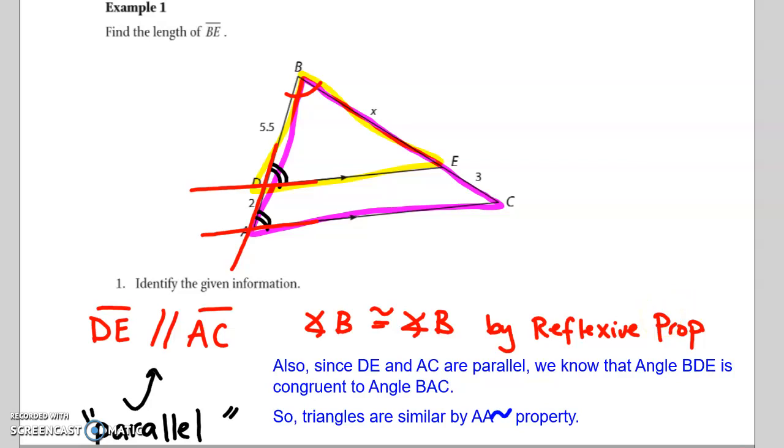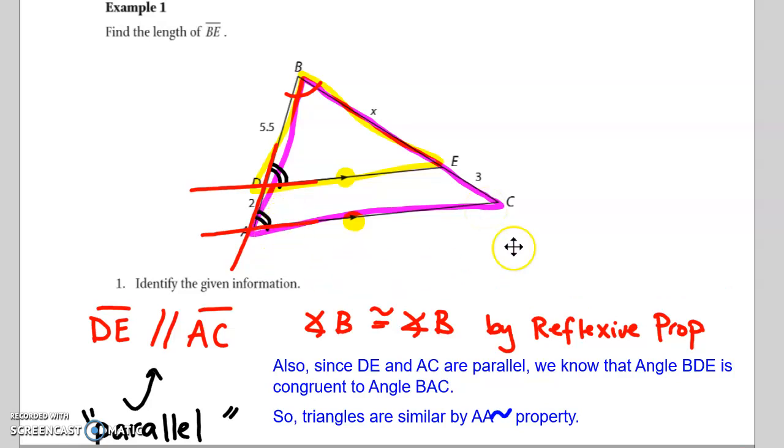Also notice they told us, you can see it right here with the arrowheads, they told us segment DE and AC are parallel. And since we know that those two sides are parallel, we know that angle BDE and angle BAC are in fact congruent.